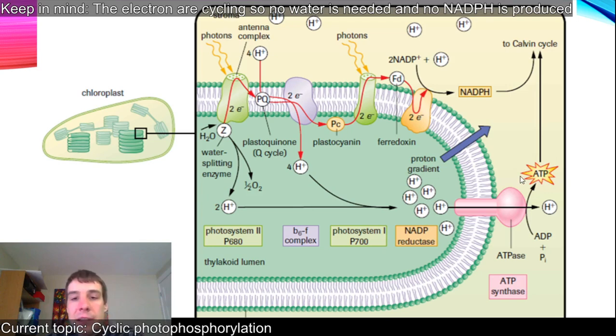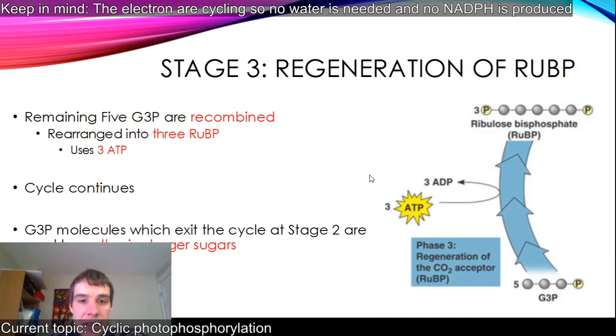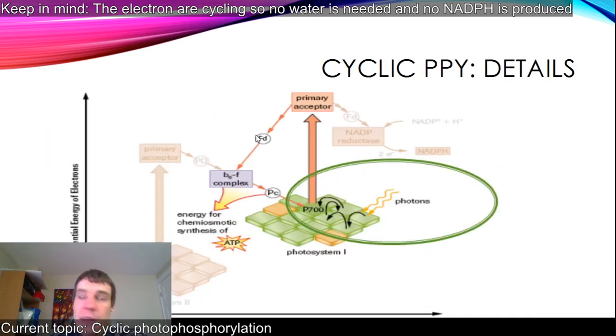It's great for the plant cell to do other things besides just using sugar. So that's cyclic photophosphorylation, just the electrons moving in a loop, making lots and lots of ATP. The plant can do this indefinitely. As long as it's got ADP to turn into ATP, it can do this whenever the sun is shining, and it does.